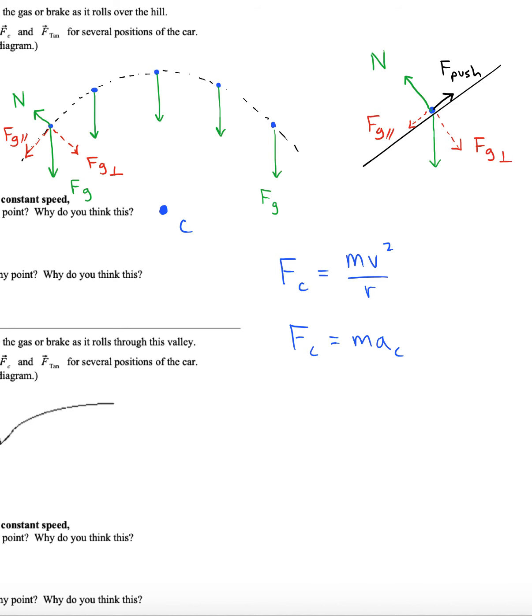Now, what implications does this have for the peak? Should the normal force be as large as the Fg? Or should it be larger? Or should it be less? Well, according to the theory, what we need is a net force all the time on the curve.